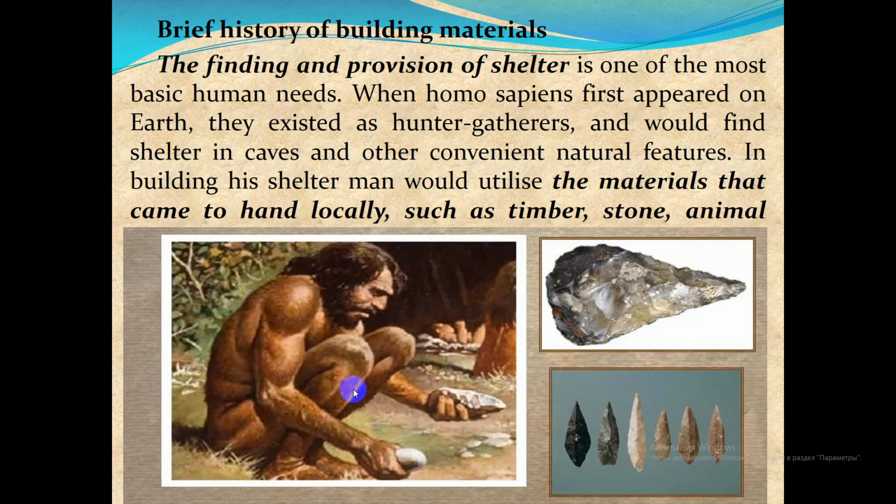A brief history of building materials. The finding and provision of shelter is one of the most basic human needs. When Homo sapiens first appeared on Earth, they existed as hunter-gatherers and would find shelter in caves and other convenient natural features.